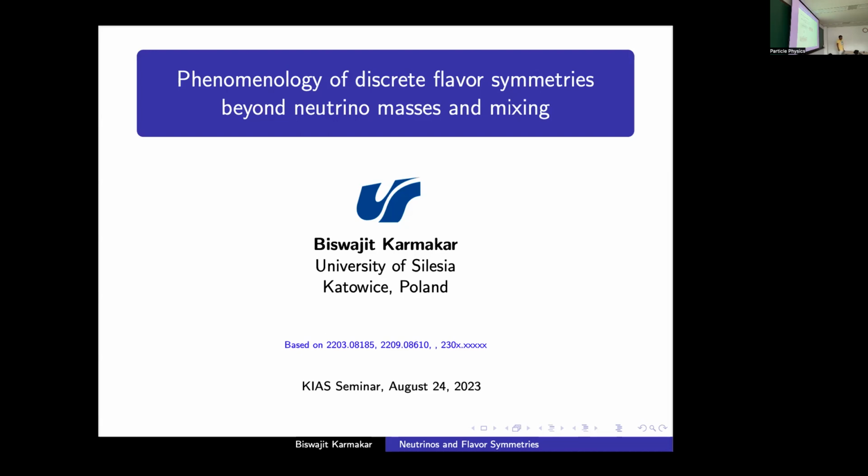I don't know exactly how it works, but it seems we have two large mixing angles. Initially they proposed this idea with theta 13 equal to 0, and a few years back they also incorporated non-zero theta 13.